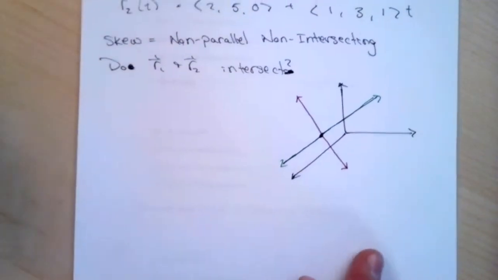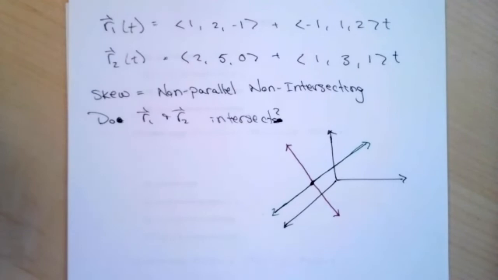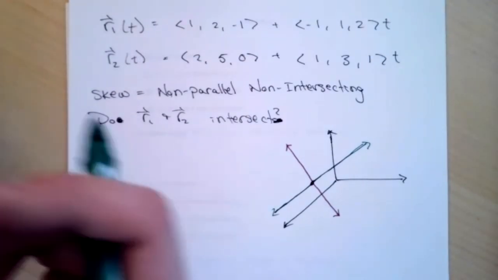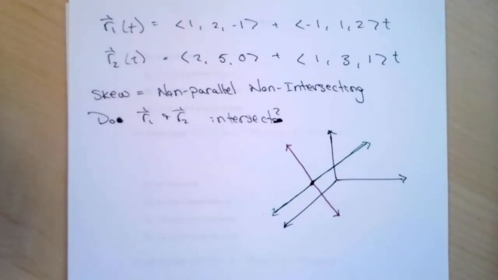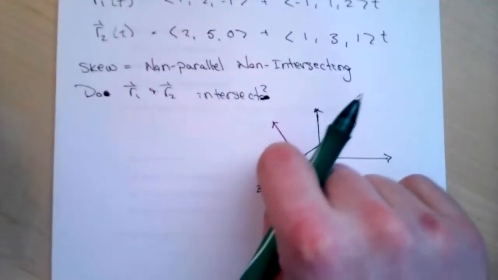This is going to be another thing that we have to be careful of with vector valued functions. Namely, two functions can intersect at the same time, or they can intersect, but they might intersect at different times. Think of it like playing sports or something like that. If you throw a ball to someone who's running, they're on a specific path or a trajectory.